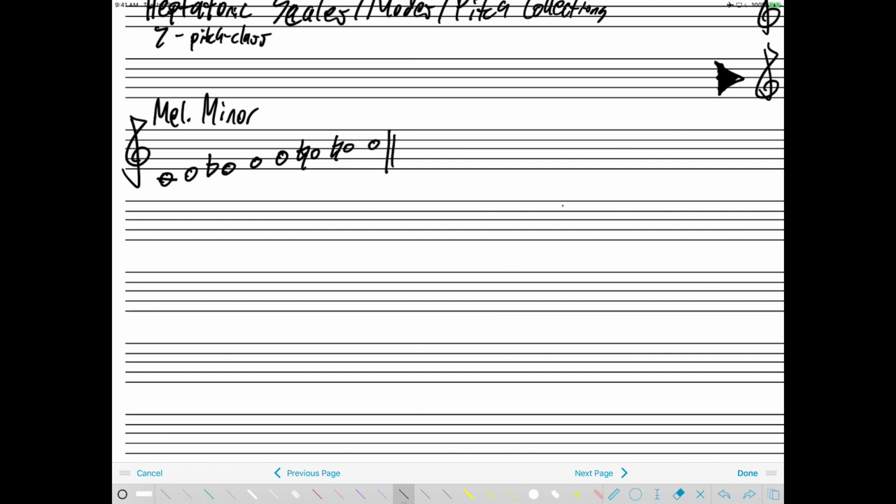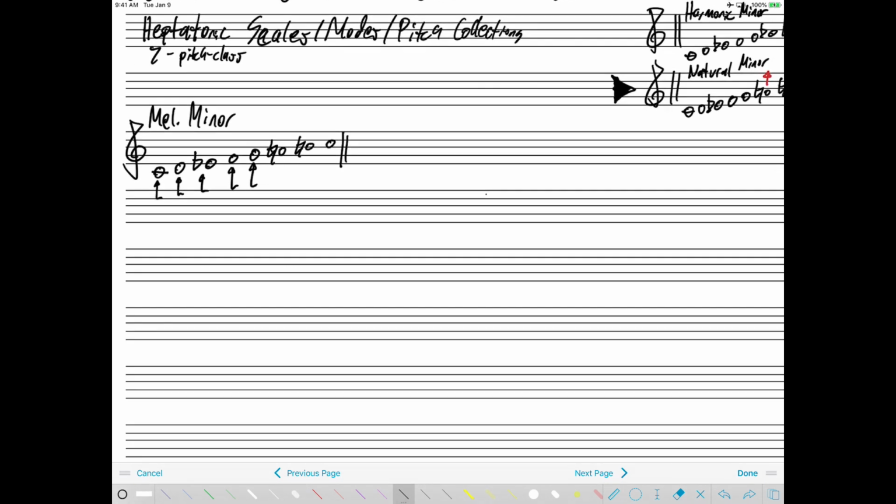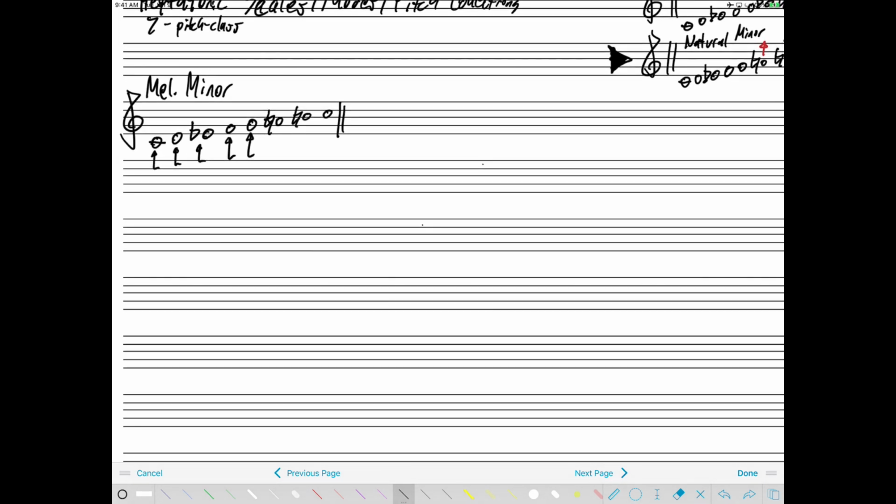And just like we did with the modes where we could start with successive pitches, we're going to do that. So if we did that, we could have this pitch collection, which again is unique.